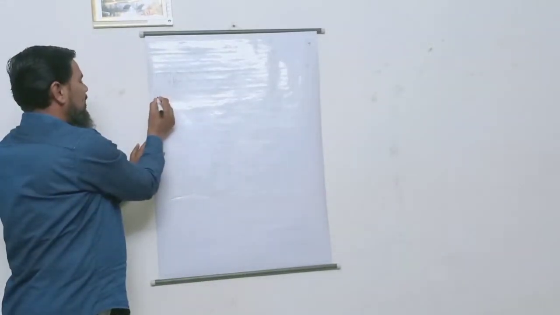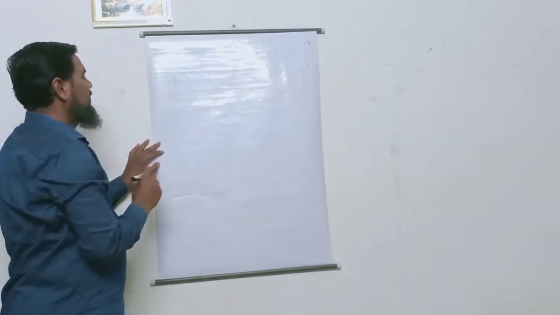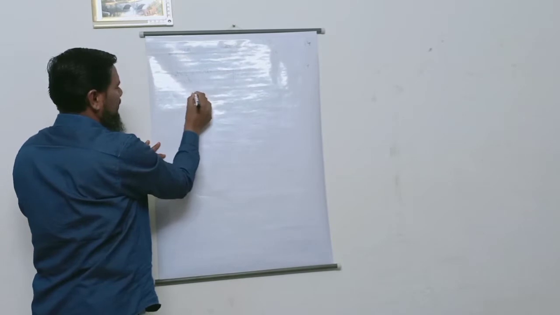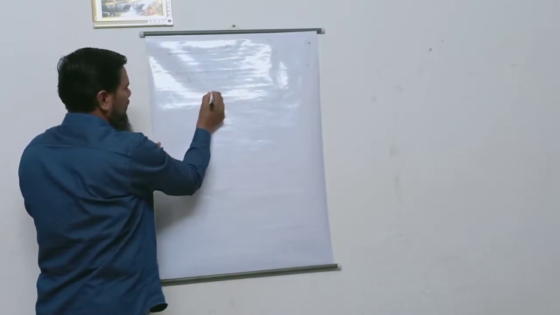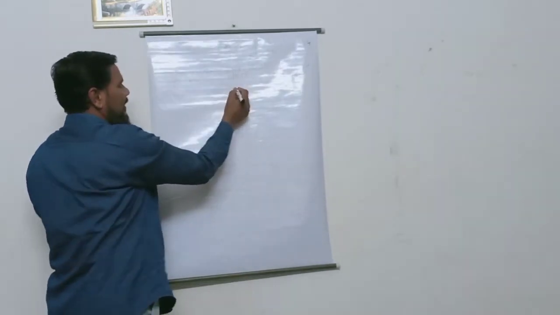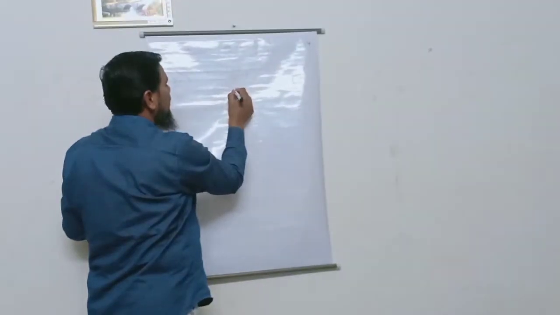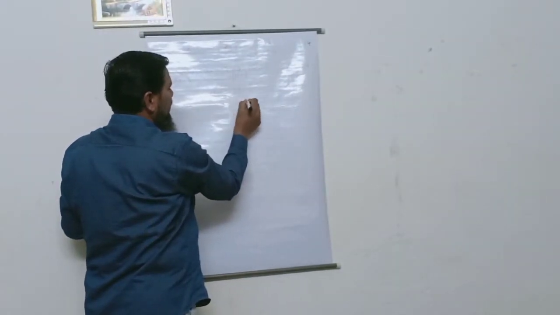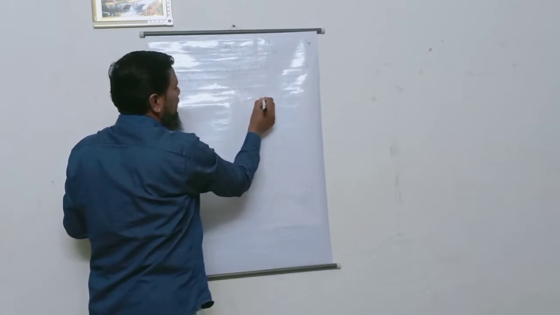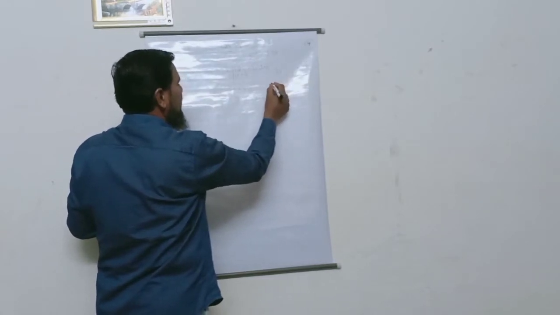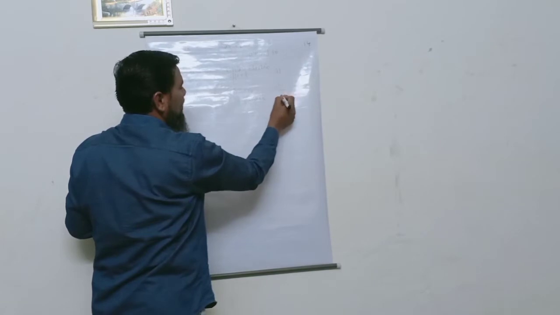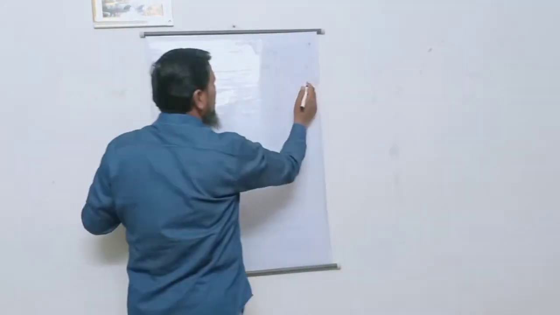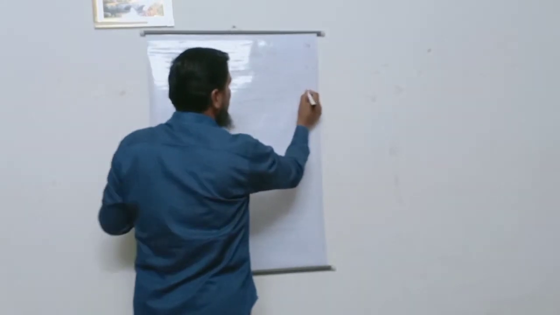Unit number 8 is atoms and nuclei, chapter number 12 and 13 in NCERT, and the weightage of this is 8 marks.